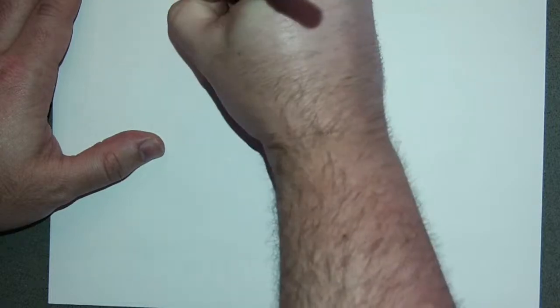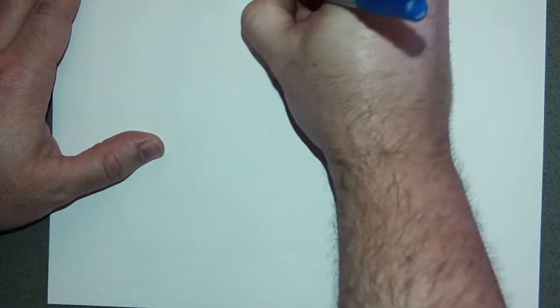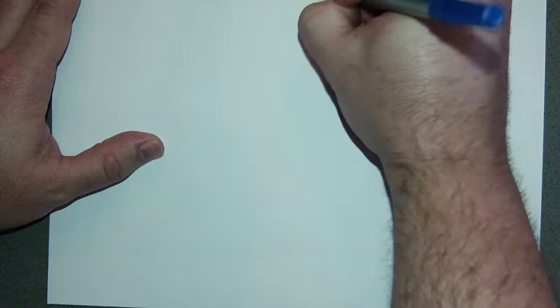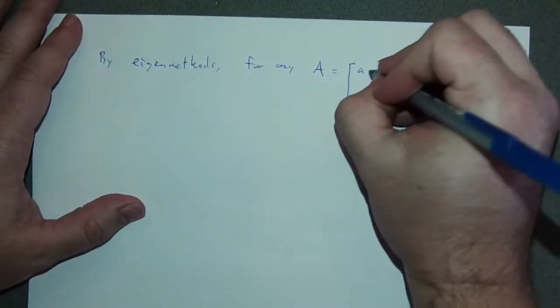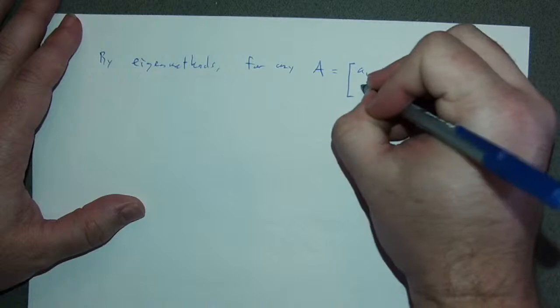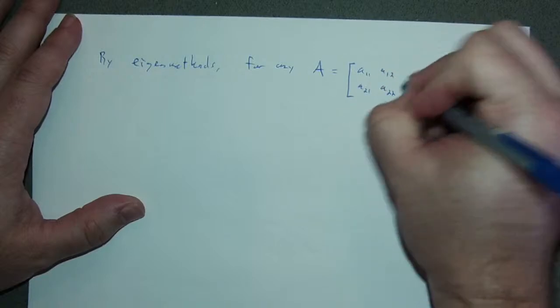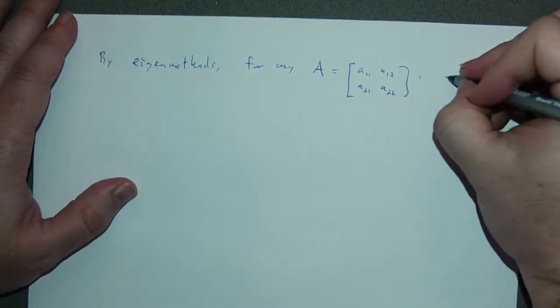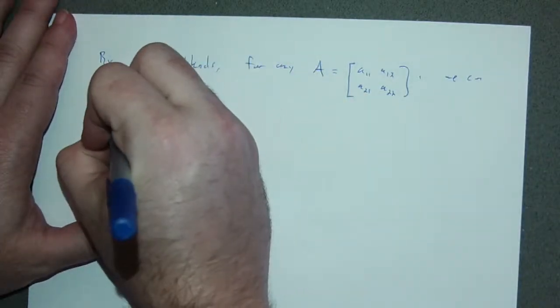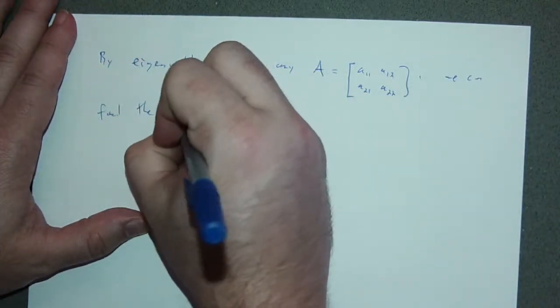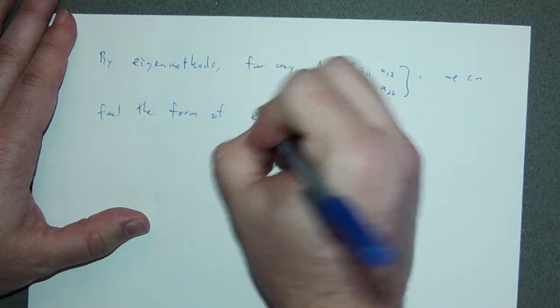All right, so by eigenmethods, for any A, which is a 2 by 2 matrix, we can find e to the tA.